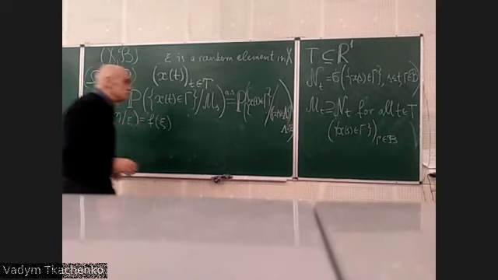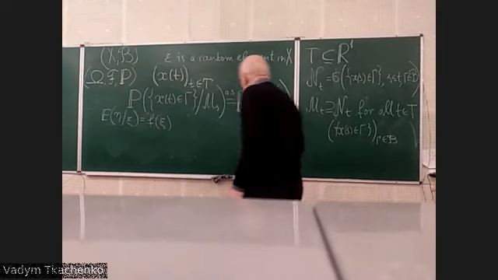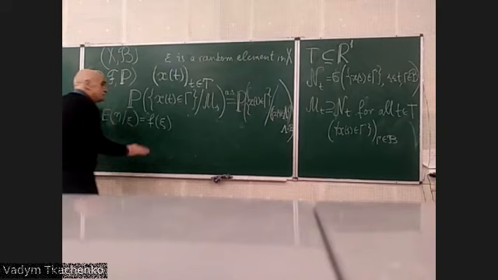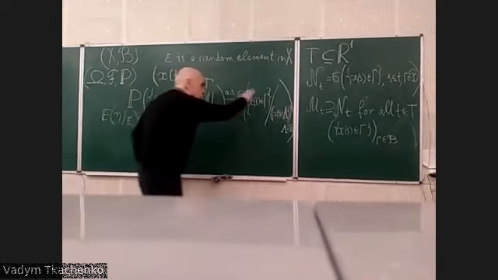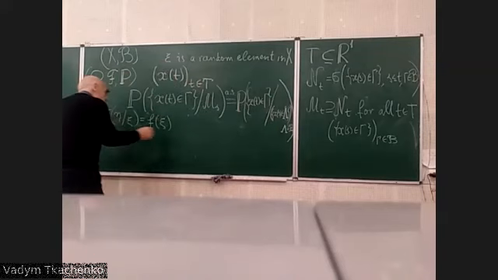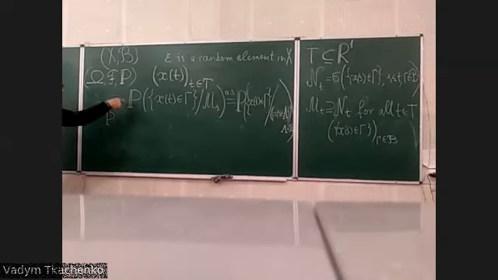And this function is determined not uniquely. So this probability can be written as P. This P is different from this one. This is a measure, this is a function.